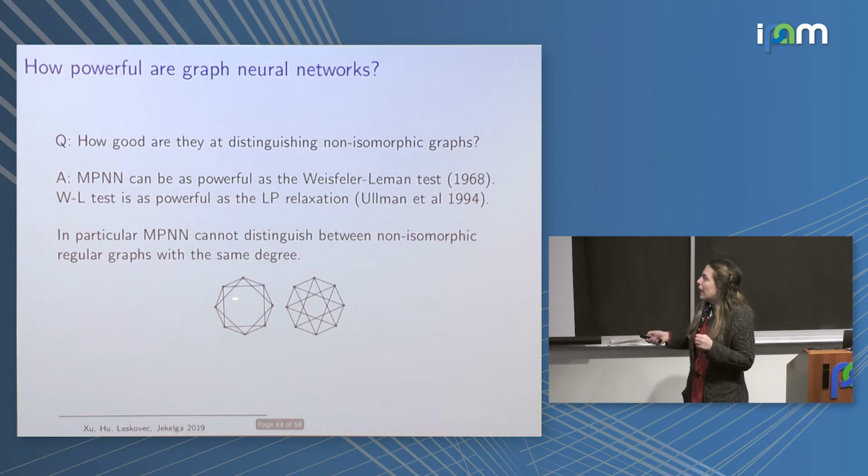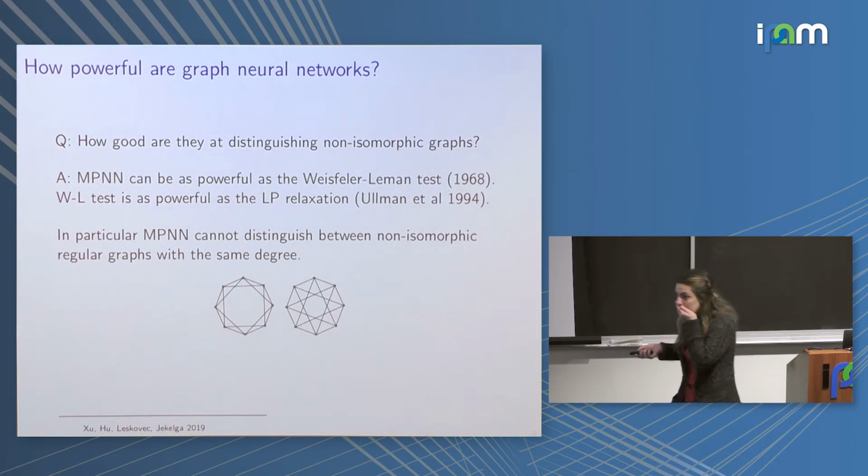And in particular, that implies that you cannot distinguish between non-isomorphic regular graphs of the same degree, because there is a non-integral assignment that has objective value 0.